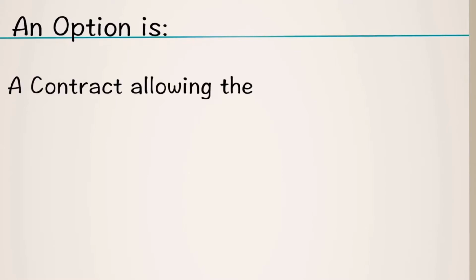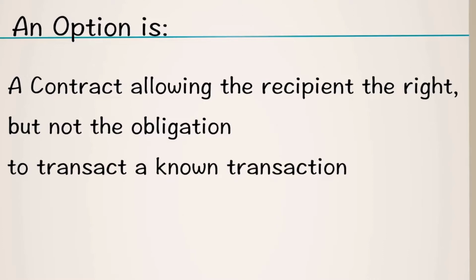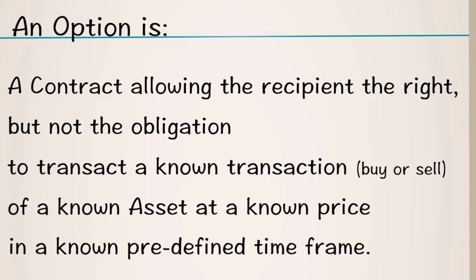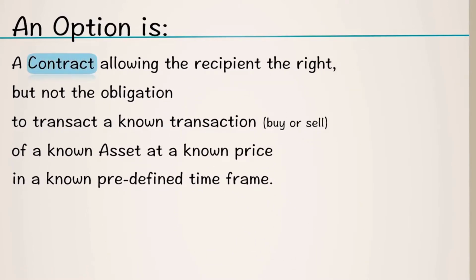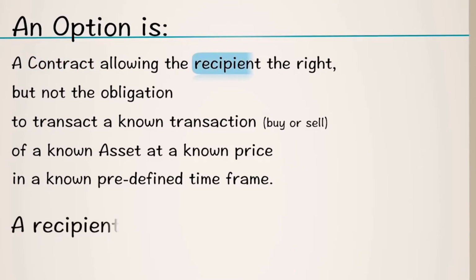So let's look at the definition. An option is a contract allowing the recipient the right, but not the obligation, to transact a known transaction by himself of a known asset at a known price in a known predefined time frame. A contract: the option agreement between two parties. A recipient of the option right.